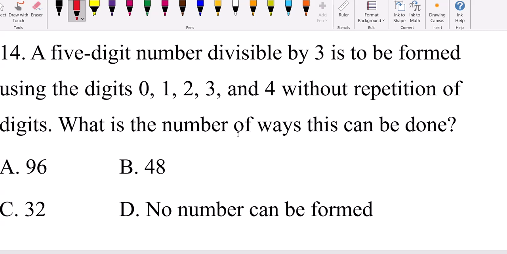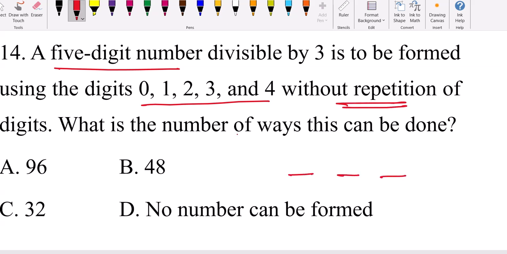So this is a 5-digit number, and they gave 5 digits. Without repetition means all those 5 digits we are going to use for sure. You have to create a 5-digit number and they gave 5 digits without repetition, so I have to use all those 5 digits.